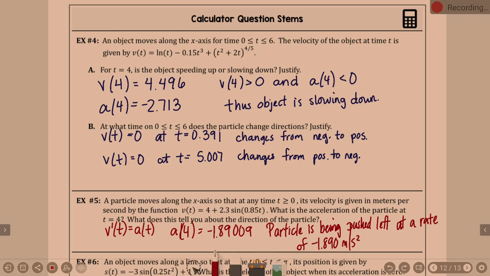Looking at the velocity time graph, the slope is 0 at the maxes and mins. Well, we're only on the interval from 0 to pi though.